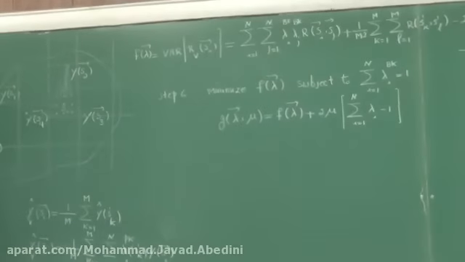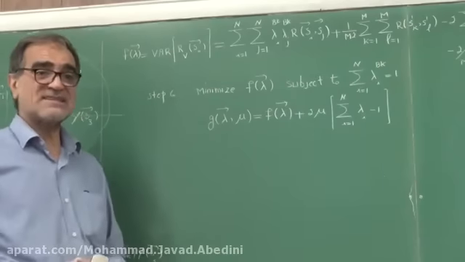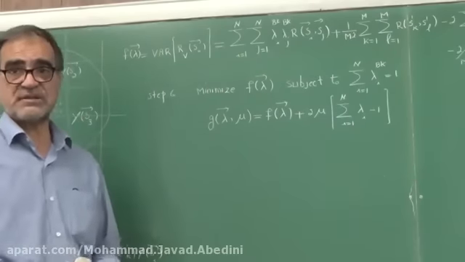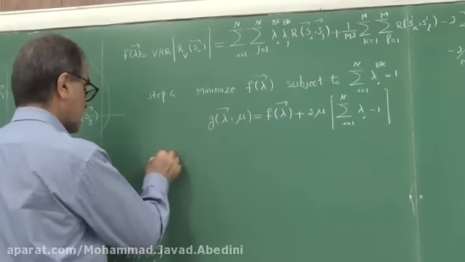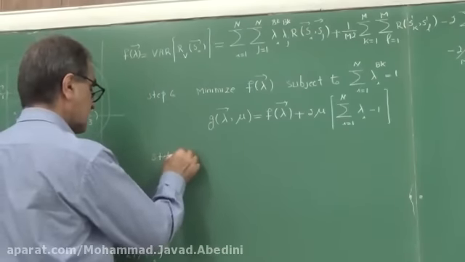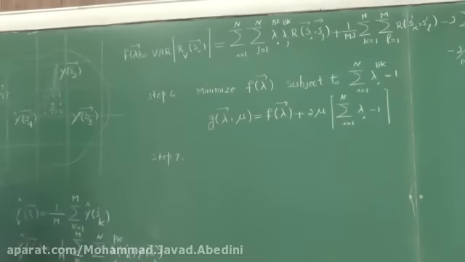That is how to cast your objective function so that it is no longer constrained. Now, when it comes to step 7, in step 7 you have to minimize this G.